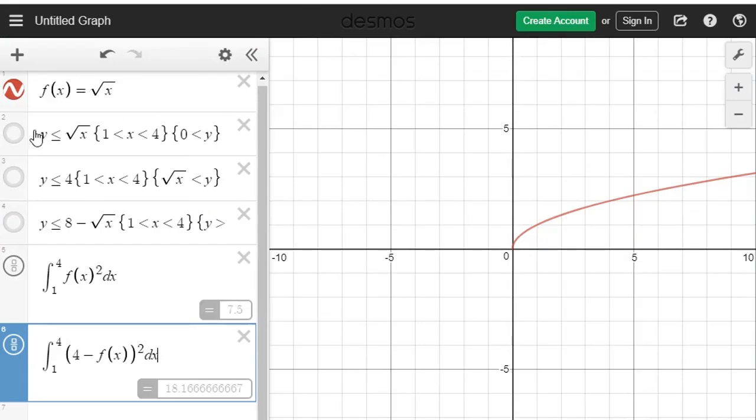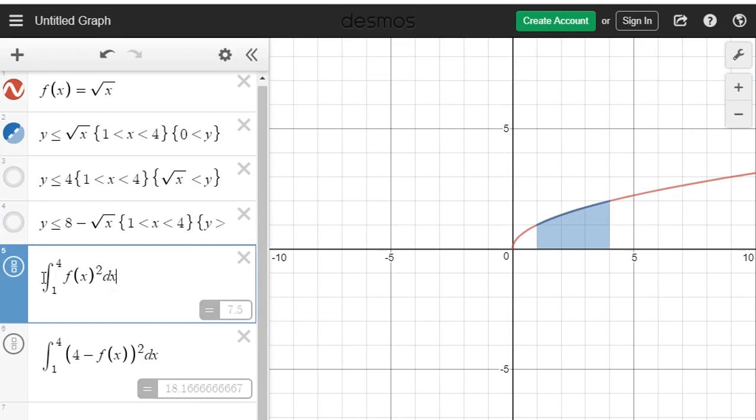And so if I try and find what happens when I move it around the axis down here, I have to actually look at what the radius is all the time. And in this problem, the radius just so happens to be f of x. So what I would do is I would take pi times the integral from 1 to 4 of f of x squared dx, because that ends up being my radius the entire time.